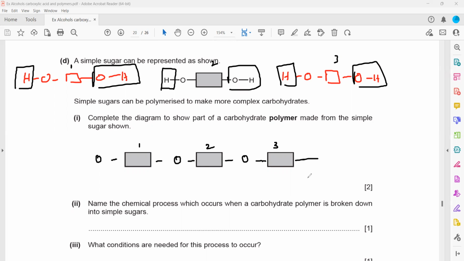So that's how the linkage is shown. Is it clear? So one side H, another side OH is removed from it.